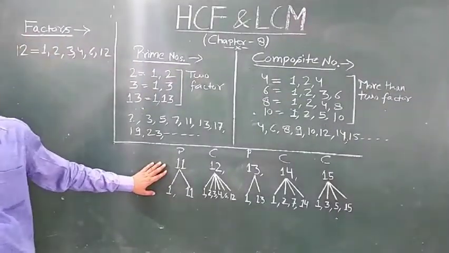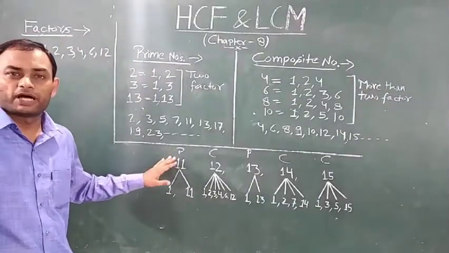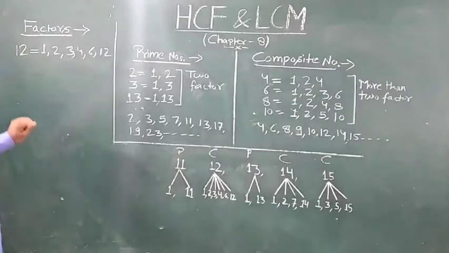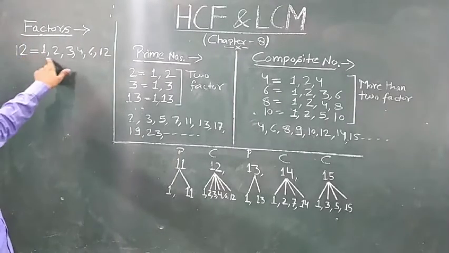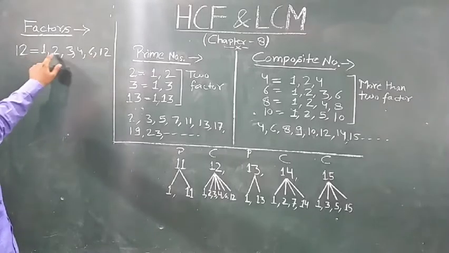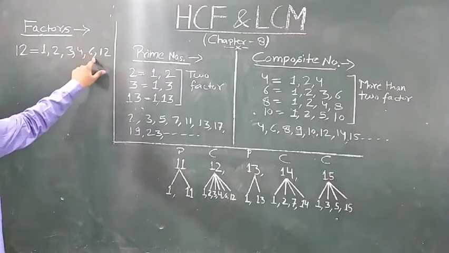Now I am telling you how to find the prime factors. Before this, look here, this is 12, and these are the factors of it: 1, 2, 3, 4, 6 and 12.